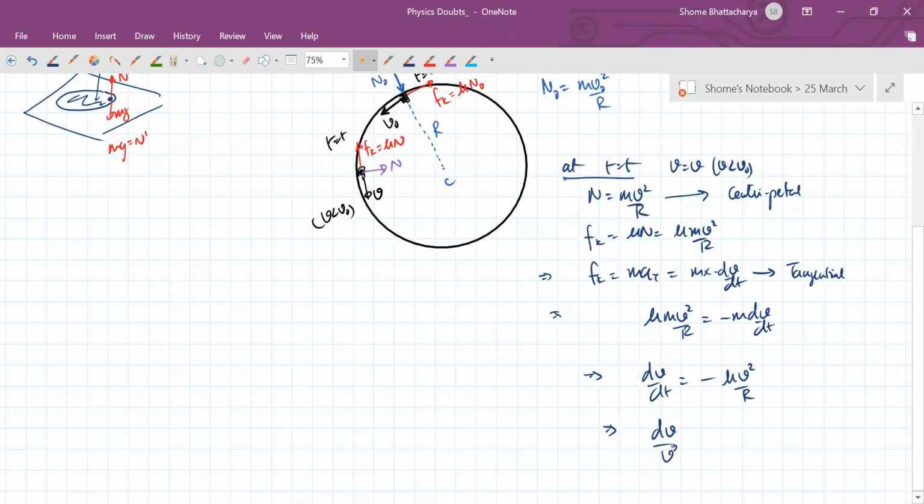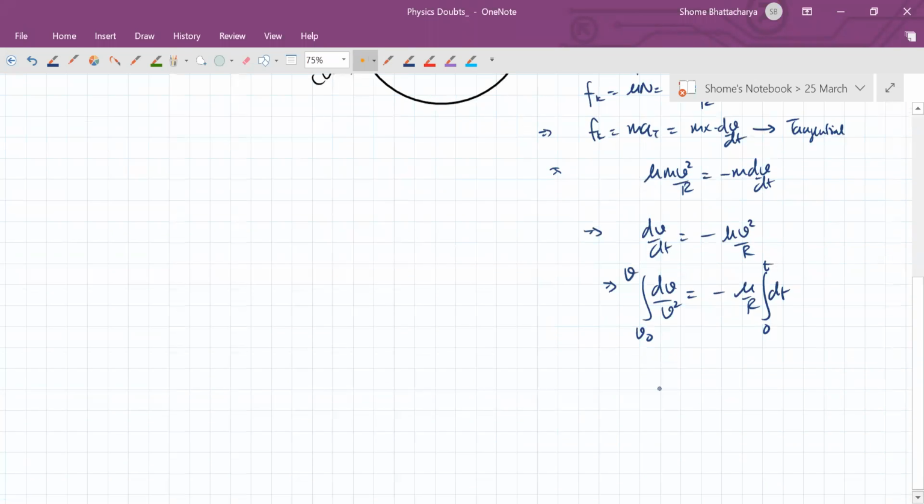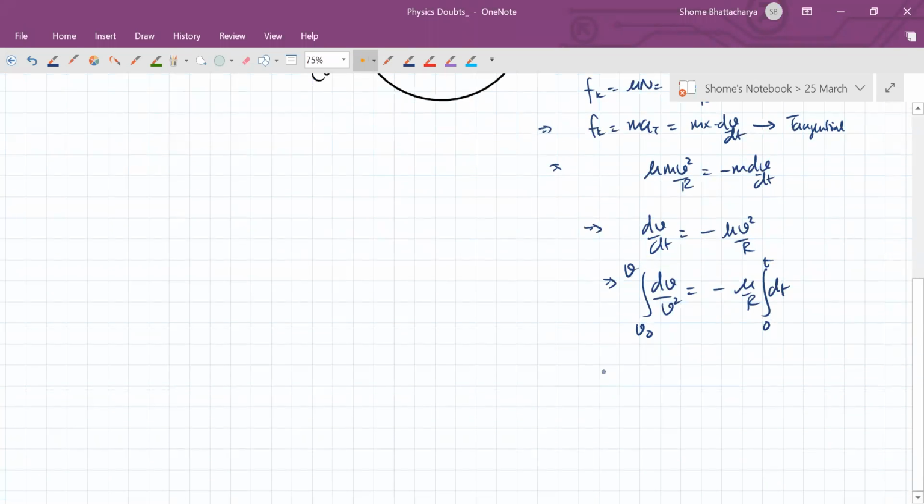So dv by v² is equal to minus μ by r dt. So if we integrate this, now this is going from speed v naught to some unknown speed v as a function of time from 0 to t. Okay. So integration of 1 by v² is equal to minus 1 by v.